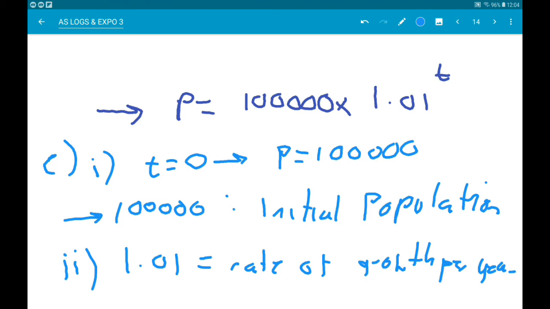So how that works is it's like compound interest from GCSE. If you multiply something by 1, you're just finding 100%. 0.01 increases it by 1%. So the growth rate by the model is 1% per year.